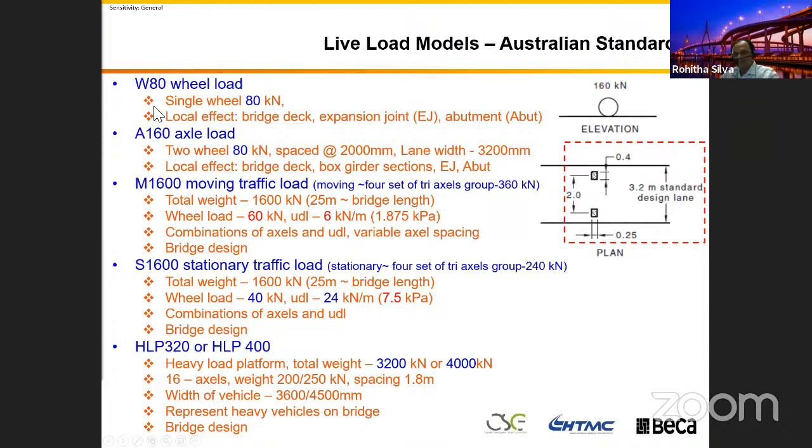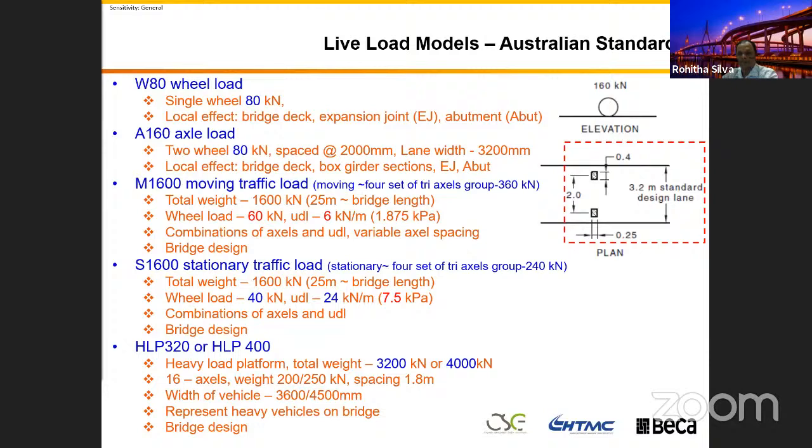But this 80 kilonewton wheel load does a lot of things. It can be any place on the bridge, like a dot on your bridge deck. When designing the bridge deck, the expansion joint, the abutment, etc., this single wheel is very important.